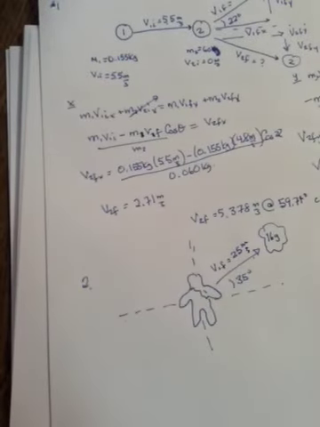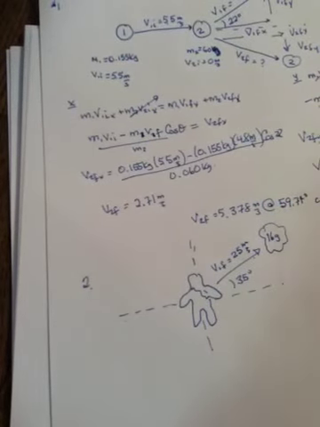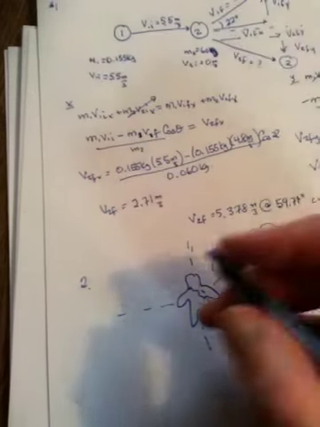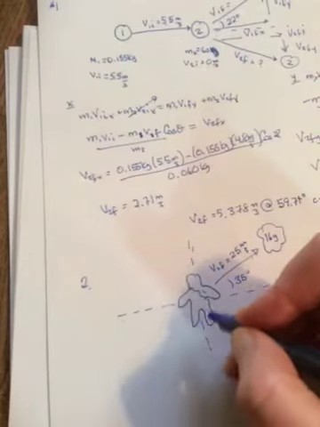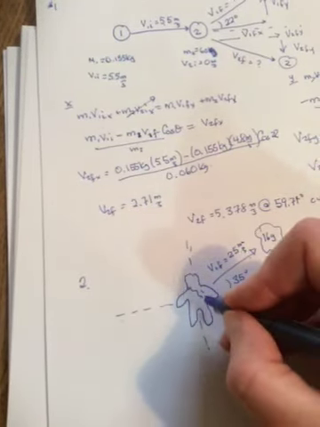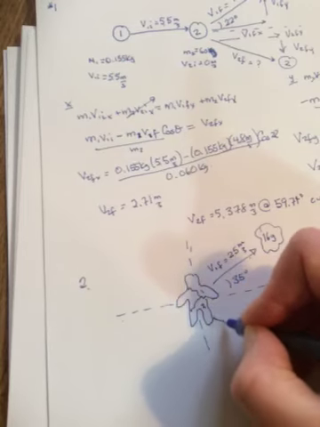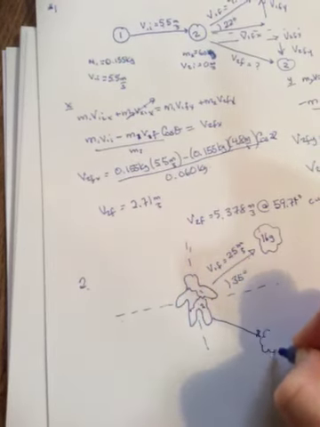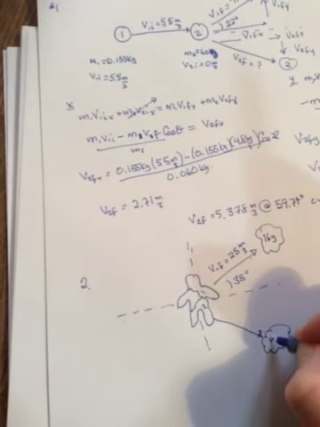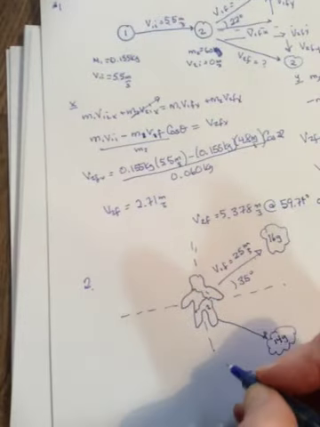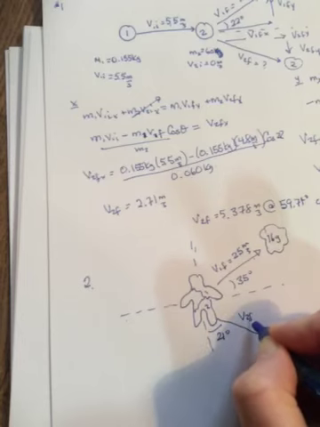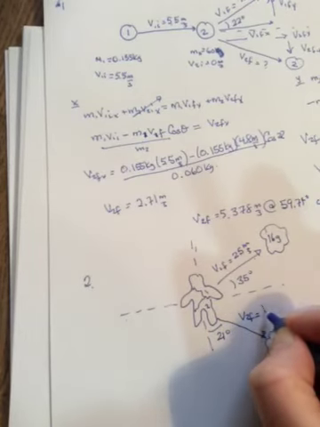A second piece, 14 grams, is flung off at an angle of 21 degrees counterclockwise with the negative y. So my negative y is down here, and counterclockwise will be this way. So this is piece 2, going this way, and this piece is 14 grams, the angle in here is 21 degrees. So V2F is 18 meters per second.